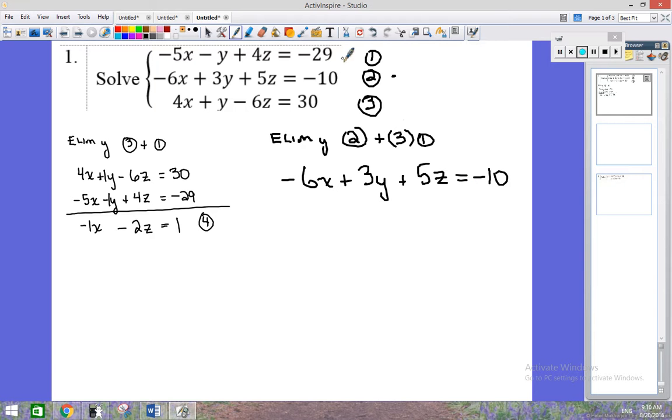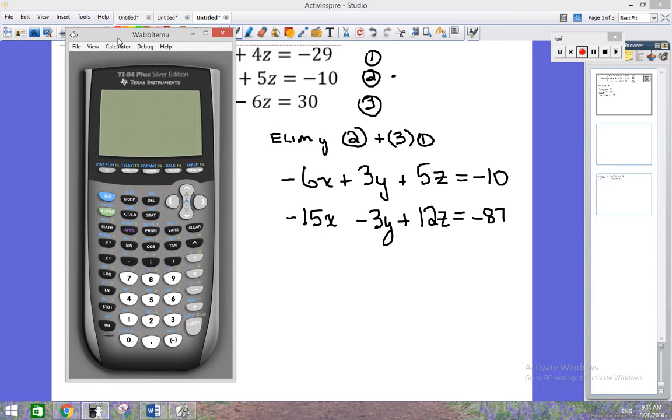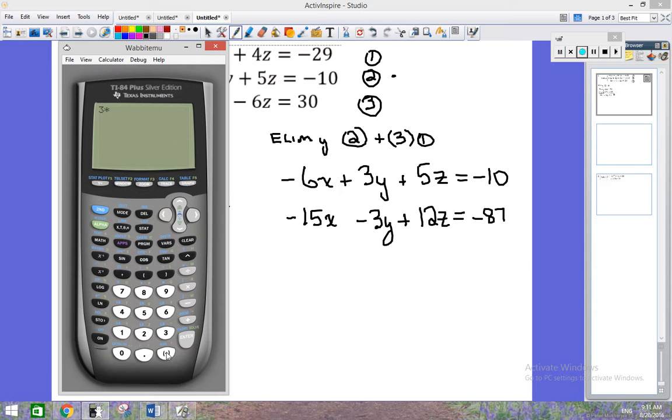then for equation 1, I'm going to multiply everything by 3. So I've got a negative 15, negative 3y that I wanted, and I'm multiplying by 3 at 12. And a negative 87. I better check myself. Where's my calculator? I love this calculator. So turn it on. 3 times my equation 1, my negative 29.